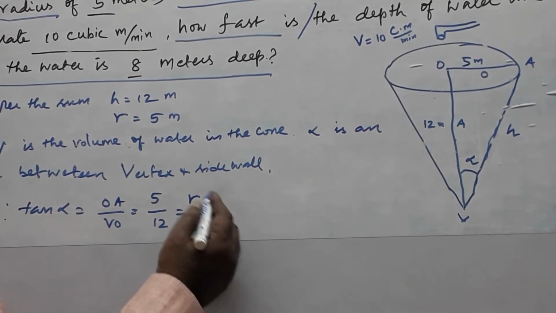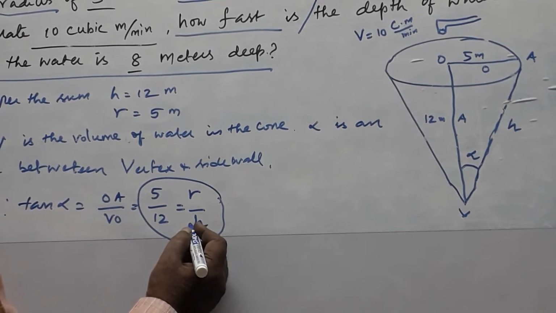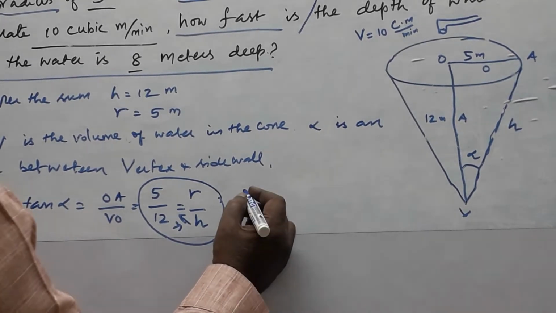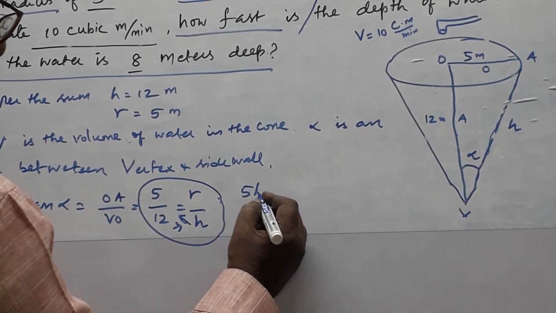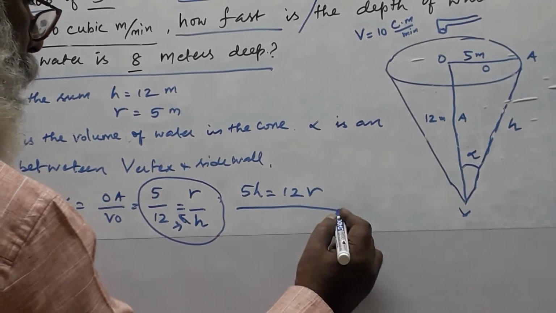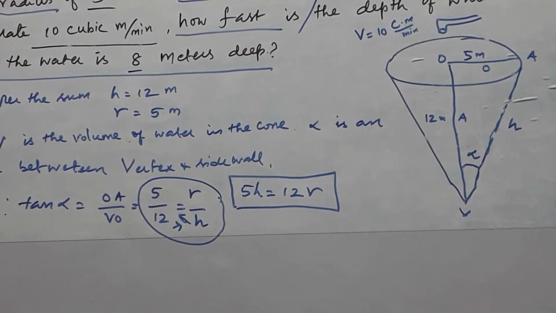Therefore, from this value you can cross multiply these two things: 5H equal to 12R. I hope you understand clearly. This is the first equation we obtained.